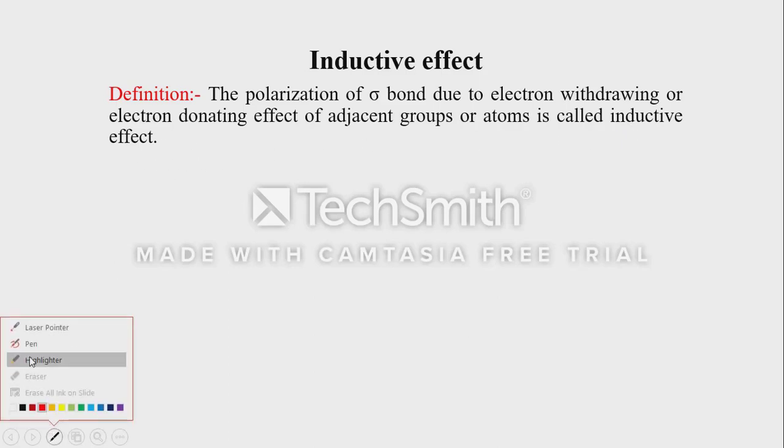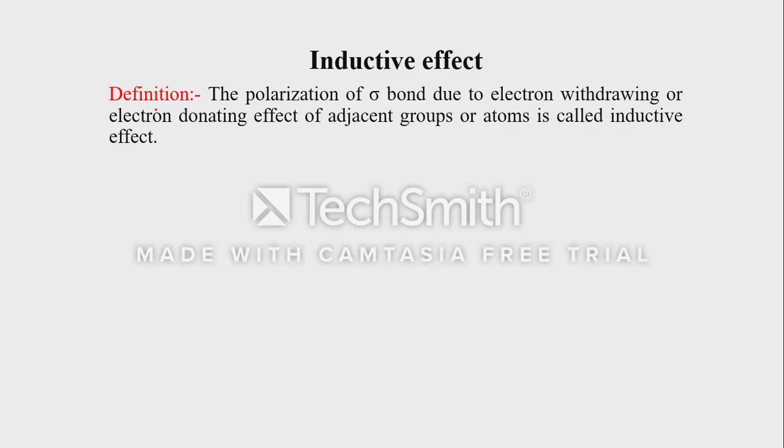Inductive effect means the polarization of sigma bonds due to electron withdrawing or electron donating effect. Why does polarization of a sigma bond or covalent bond generally happen? Because the adjacent groups or atoms have the property that they either withdraw electrons or donate electrons.